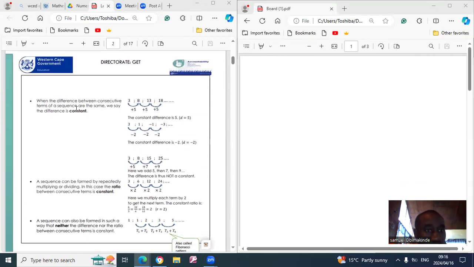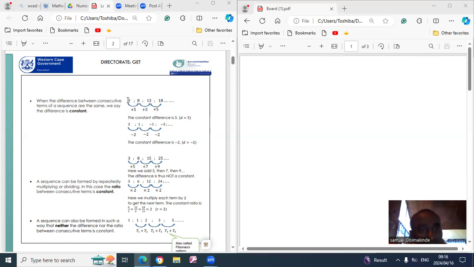Now, what is the difference between consecutive terms of a sequence? When the differences between consecutive terms of a sequence are the same, we say the difference is a constant.